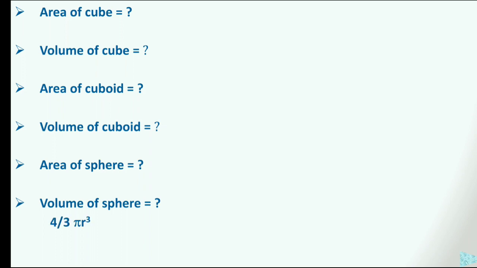It's equal to 4 over 3 pi r cube. Now area of hemisphere. What is the formula of area of hemisphere? It's 2 pi r square, whereas area of sphere is 4 pi r square.